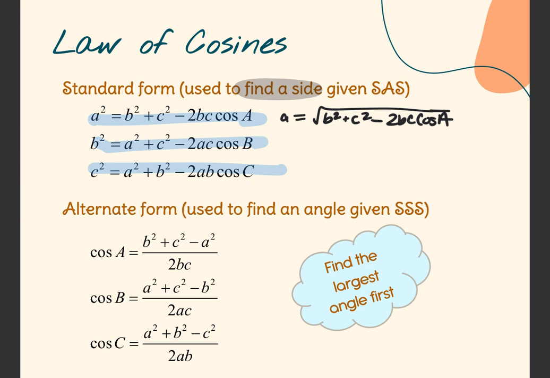If you're looking for B, notice there's a pattern. Then it's the sum of the squares of the other two minus 2 times the product of those times the cosine of the letter that matches.